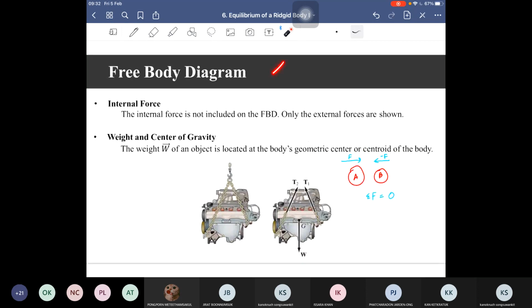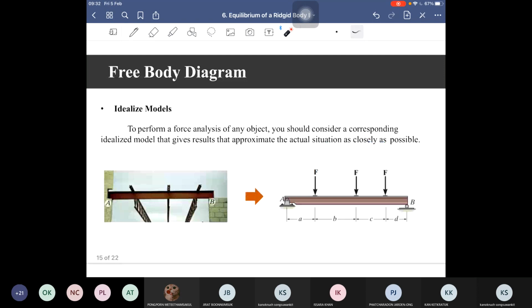Okay, so here is the importance of the free body diagram. When you represent the system with a free body diagram, you have to idealize the model. To perform a force analysis on the object, you must replace the system with figures that represent everything you see as closely to the real life situation as possible. For example, this beam support.